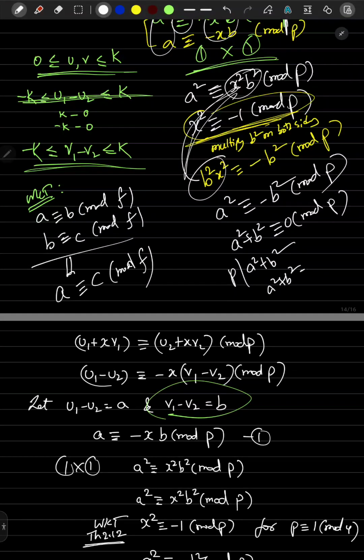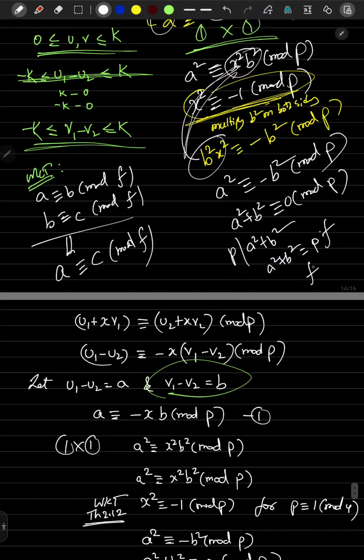So a square plus b square equals p into some constant, let's say f, where f is an integer.